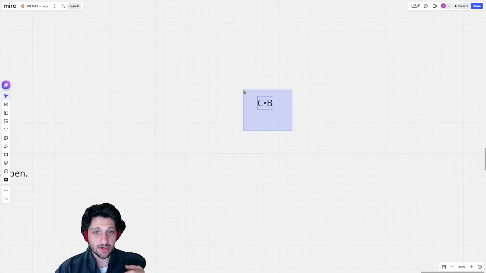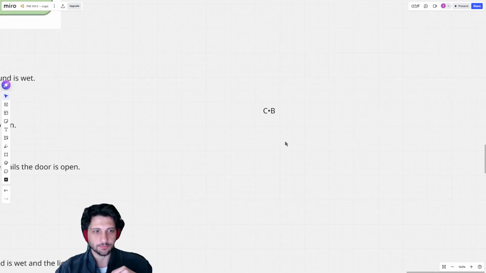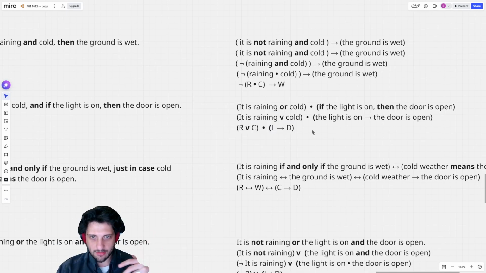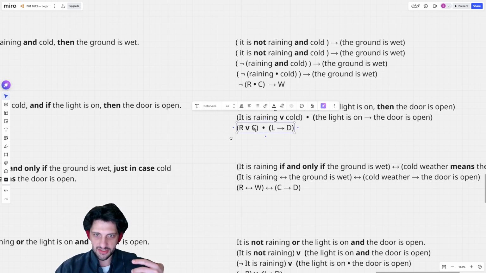Being able to read this should be pretty much easy and second nature at this point. Something like this, maybe you're still getting used to it, but even that's the sort of thing, just saying R or C, and if L then D, right?